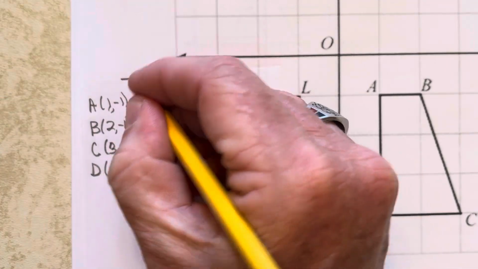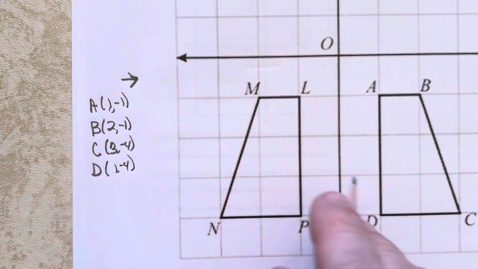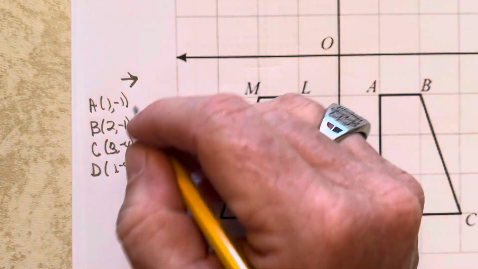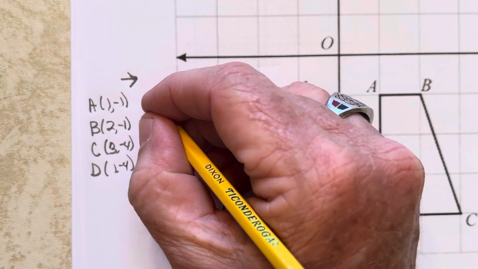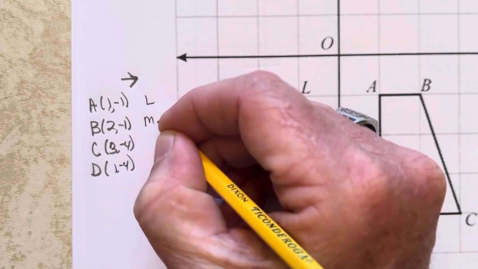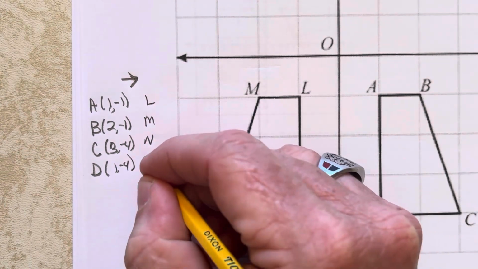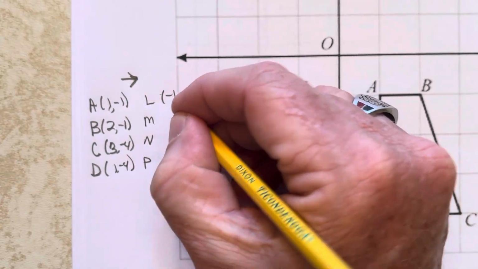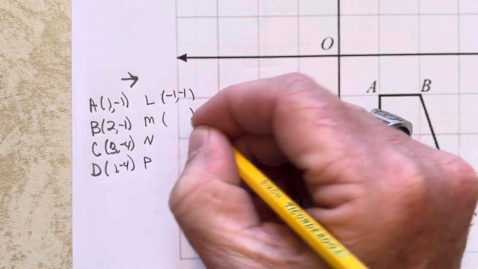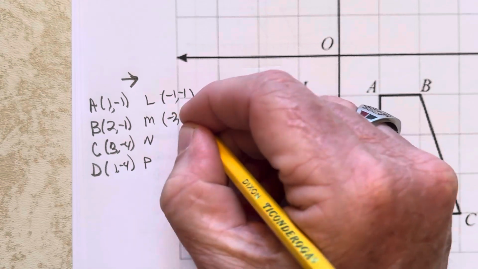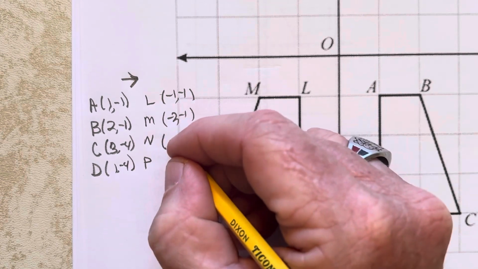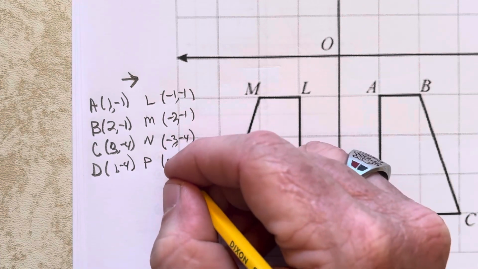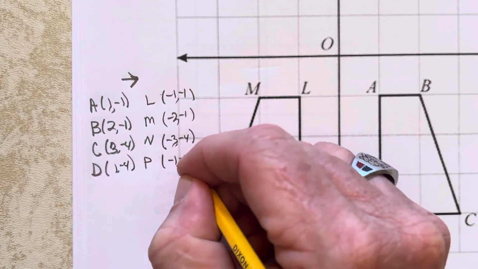All of those are getting reflected, and they want you to land A with L, B with M, C with N, and D with P. Well, L is located at -1, -1. M is located at -2, -1. N is located at -3, -4, and P is located at -1, -4.